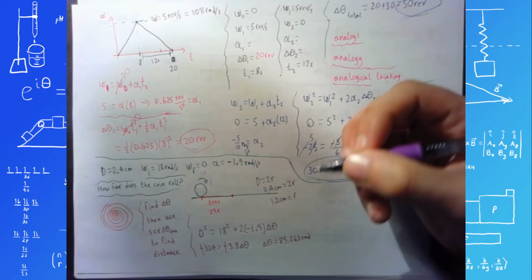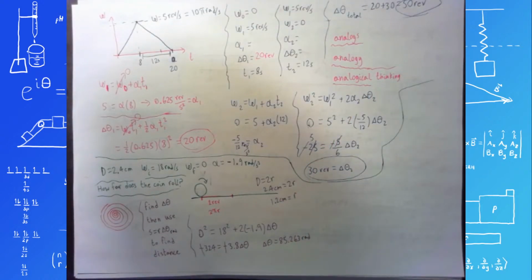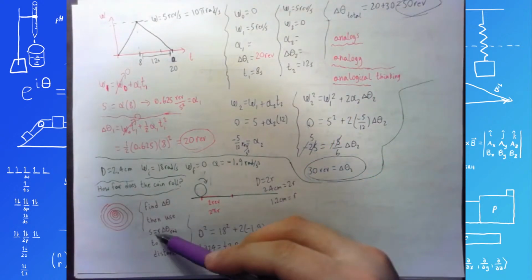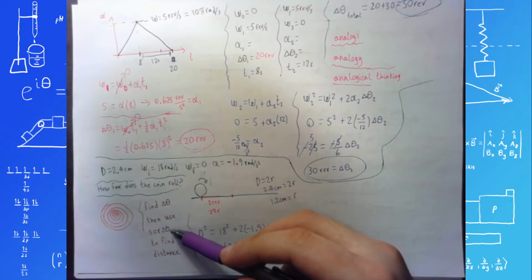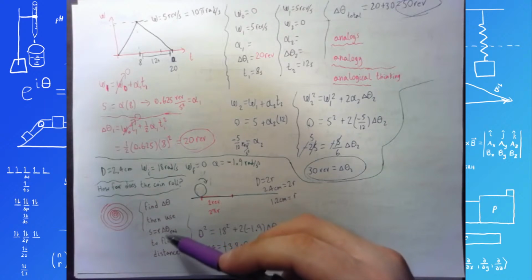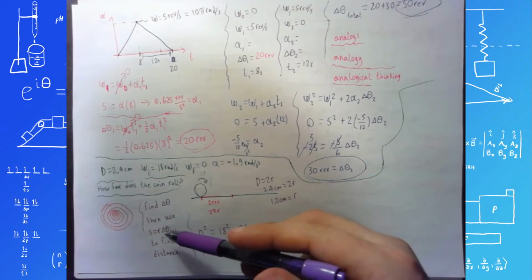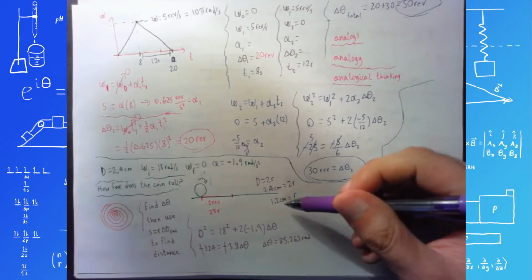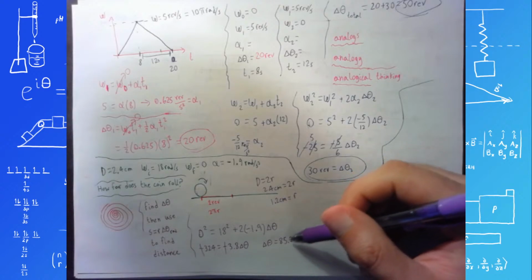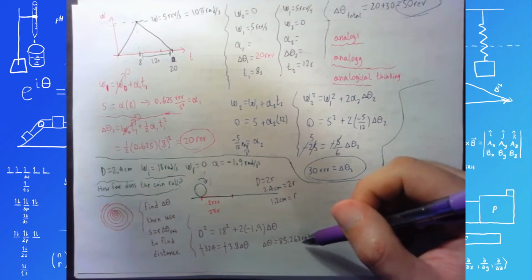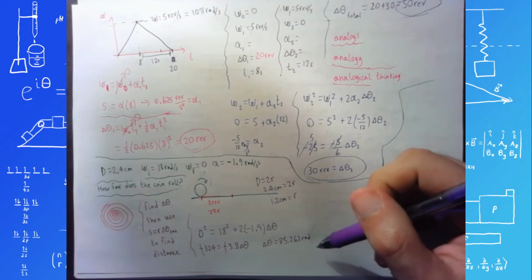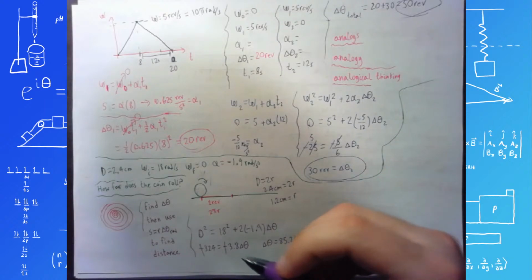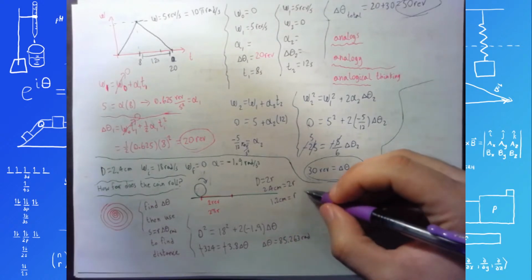We don't actually need to convert the centimeters to meters here. If I do r times delta theta, as long as delta theta is in radians, whatever you multiply your radians by, those become the new units. So 1.2 centimeters times 85.263 radians, I'm just going to get the regular distance in centimeters.